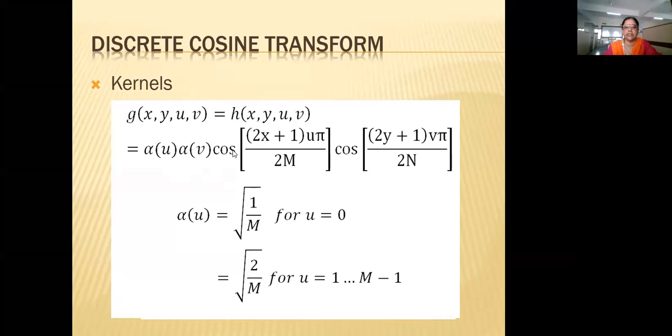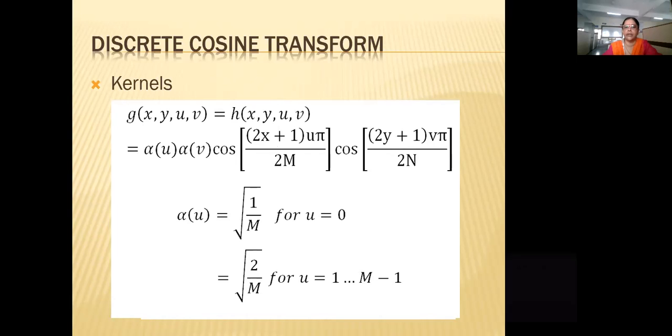DCT is a real transform. Secondly, DCT's forward transformation kernel is exactly identical to the inverse transformation kernel. So this is one more difference with respect to DFT. And as this is a real transform, it needs a very small number of computations as compared to DFT.